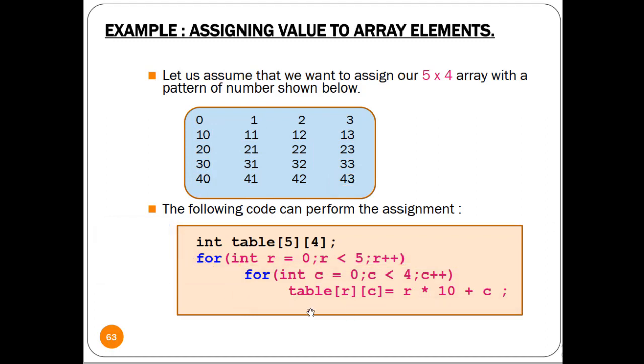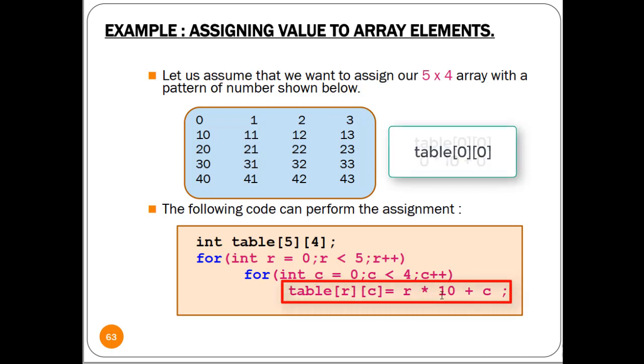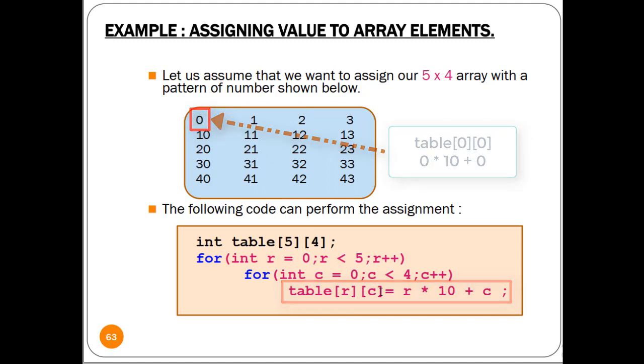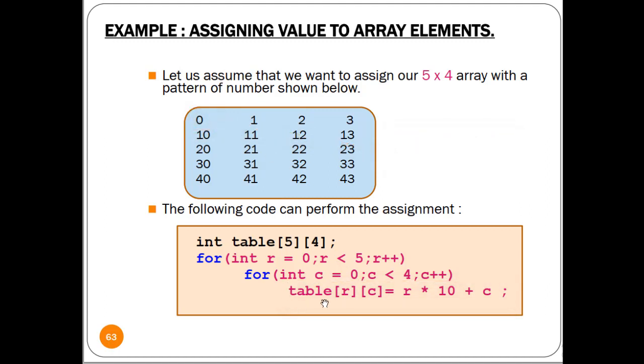In this example, r and c are going to start at 0, 0. So we will assign table[0][0] equals 0 times 10 plus 0. That's going to be a 0, which is this first element. Then we iterate through the inner loop first, so we increase c. c is now 1.